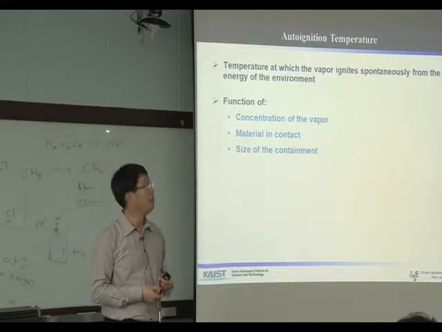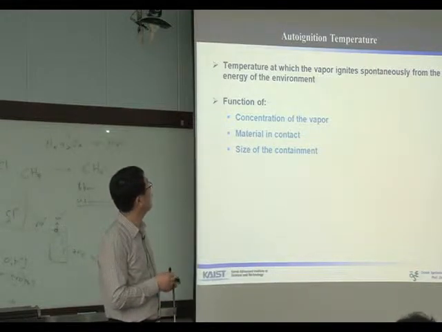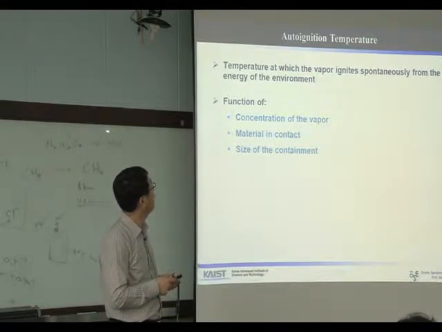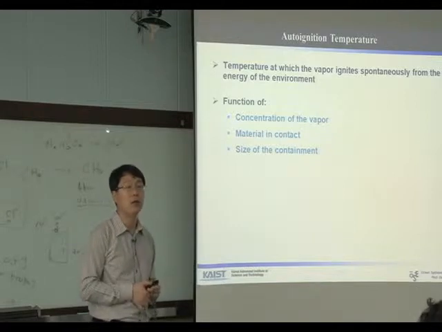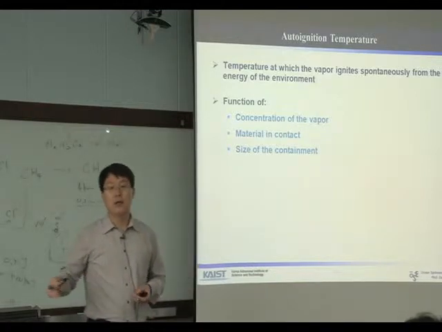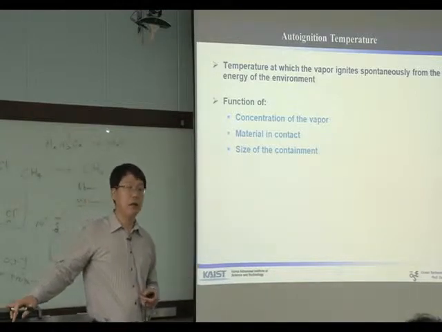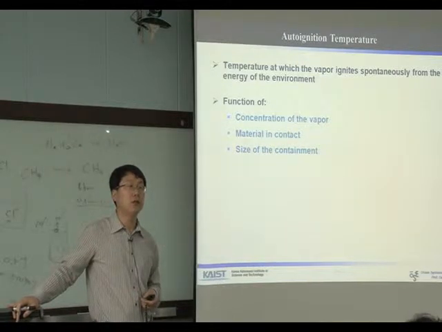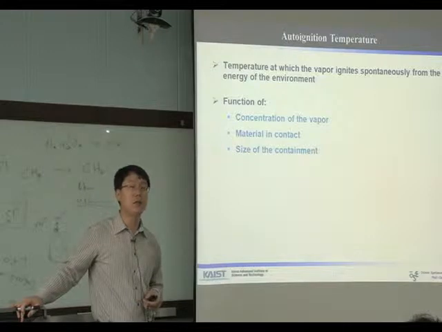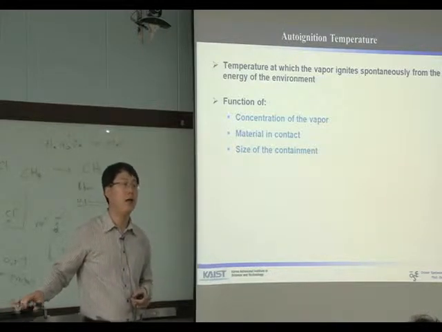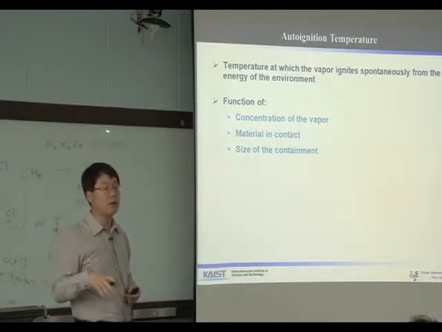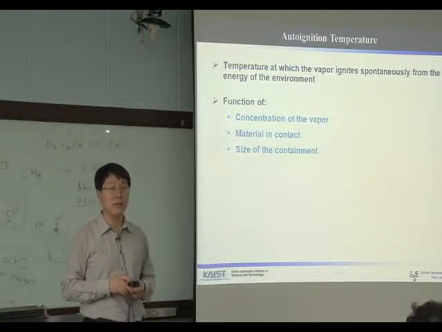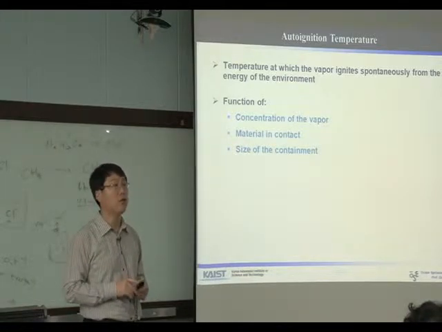Auto-ignition temperature. Auto-ignition temperature is that the vapor, the mixture of oxygen and methane, can ignite without external sparks, external ignition sources, above a certain temperature. The certain temperature is called auto-ignition temperature.